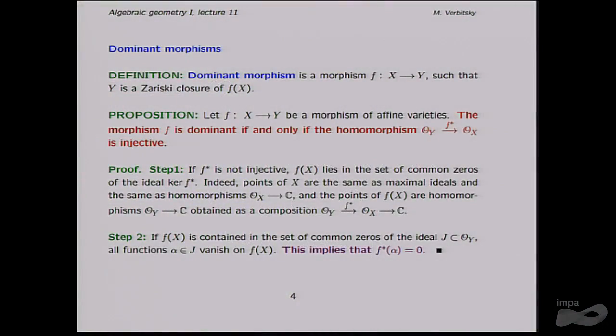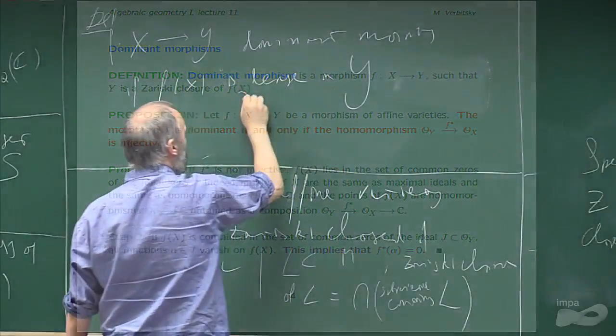Now we have dominant morphisms. So f from X to Y is, by definition, a dominant morphism if f of X is Zariski dense.